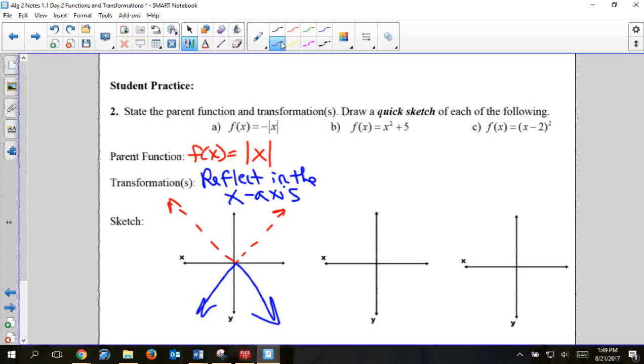B is f of x equals x squared plus 5. We need to know the parent function. F of x equals x squared. Then from there, we need to know the transformation. So this one has plus 5. You always ask yourself, are there parentheses? No, so it's not horizontal. It's got to be vertical something. So what is it when we add 5? What does that do vertically? What's the correction? Translates up 5, right.